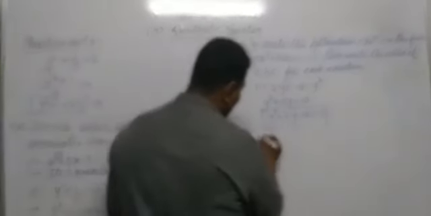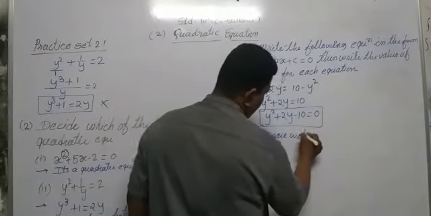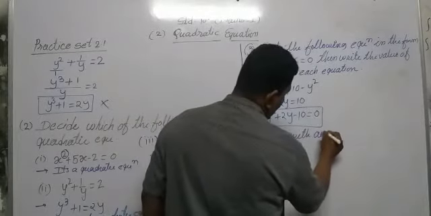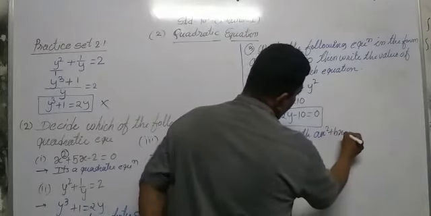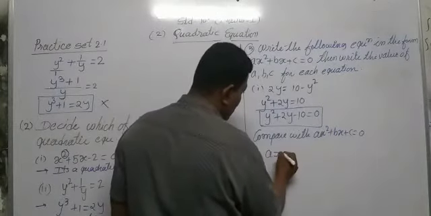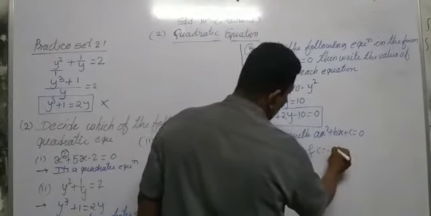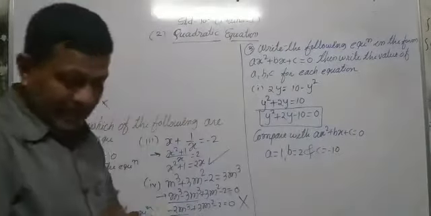Now compare that equation with ax square plus bx plus c is equal to 0. Comparing, we get here a equal to 1, b is equal to 2 and c is equal to minus 10. This is our first example.